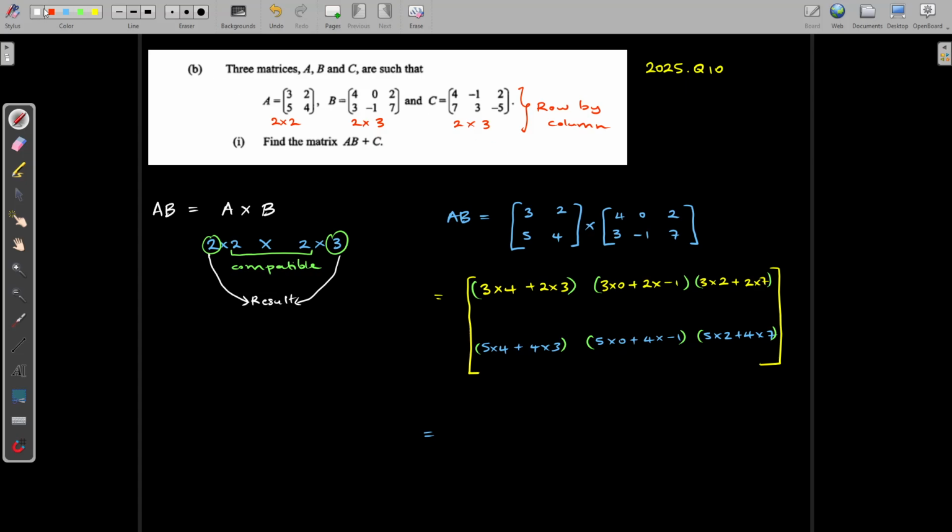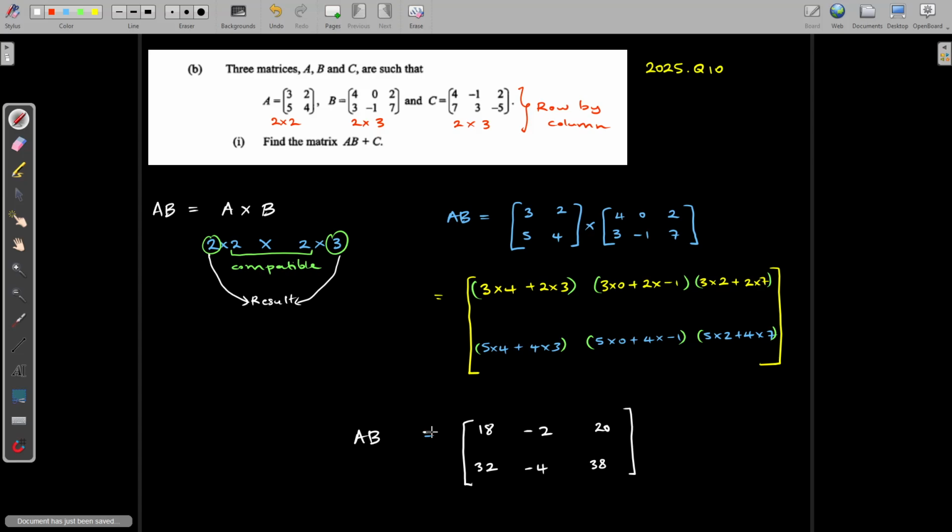That's what you have it for, and it also saves time. So this is 18. This is negative 2. 6 plus 14, 20. 20 plus 12, negative 4, and 38. So this is what AB would be equal to.